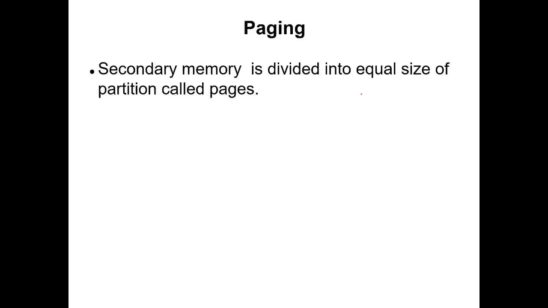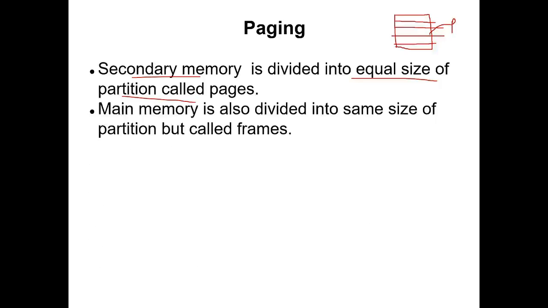Another technique used for implementing non-contiguous memory in an operating system is paging. In paging, secondary memory is divided into equal size partitions called pages. There is a secondary memory, and that memory is divided into equal size partitions, all of the same size, and we call these partitions pages.